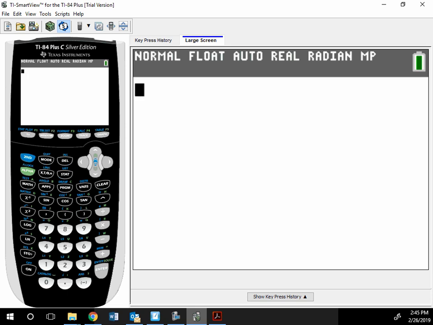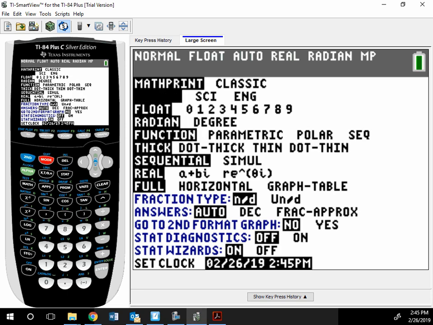The first thing you must always do is make sure you're in degree mode. If you have a graphing calculator, you hit mode. By default, it will be on radians. We need to change it to degrees. So you just arrow down and go over and hit degree. If you have a scientific calculator, there should be a little marking on your screen that either says rad or deg. You want to make sure it says degree.